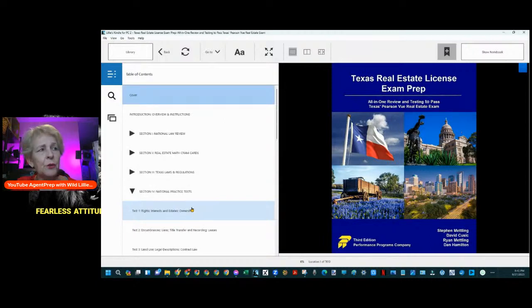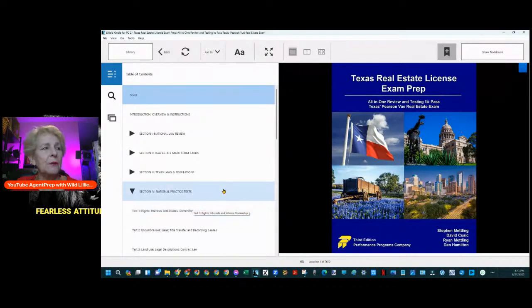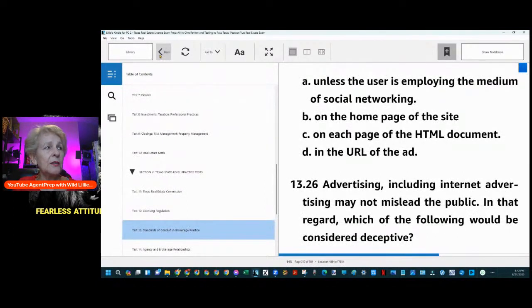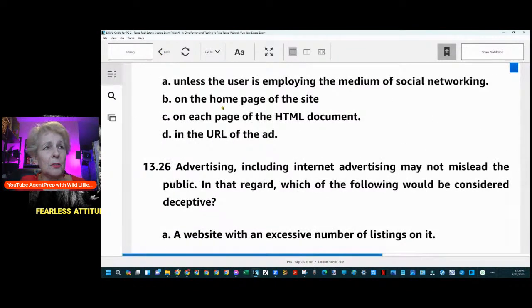And then it gives you a review on every subject that you studied for national law and for Texas state. It has a math section also, and gives you ideas on how to study and prepare for your exam. Okay, so let's get back. Excellent books. I only use what I believe in and agree with, and I have permission to use the books from the author. There's a disclosure in the description.